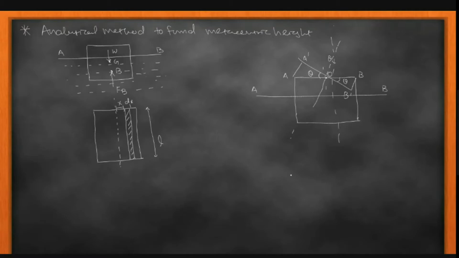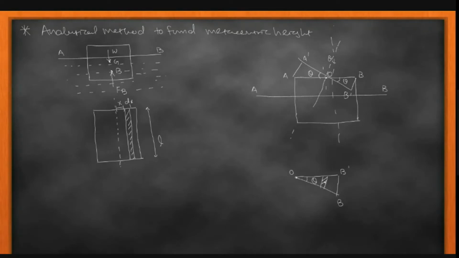Suppose I enlarge this figure at one end, then this is point O, this is point B dash, and over here it is point B. This is the angular displacement we have given, theta. Now the strip which we considered over here, the same strip we can consider over here.